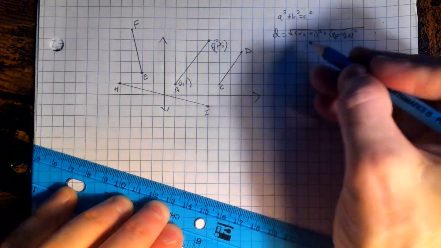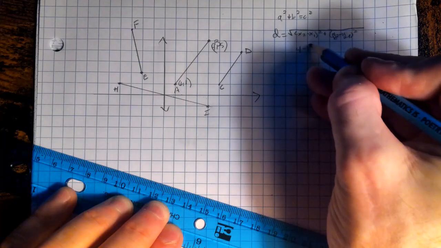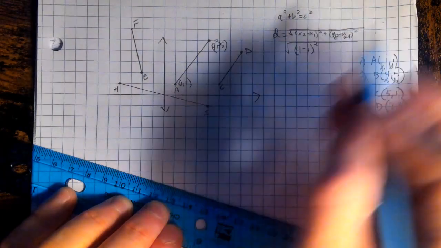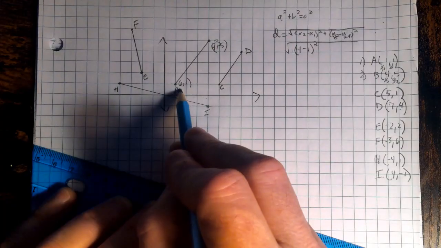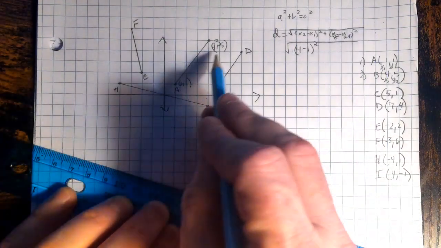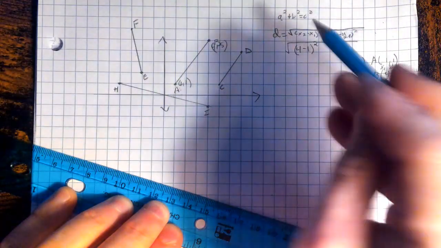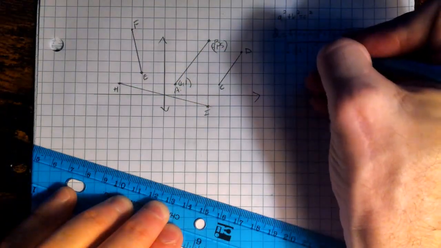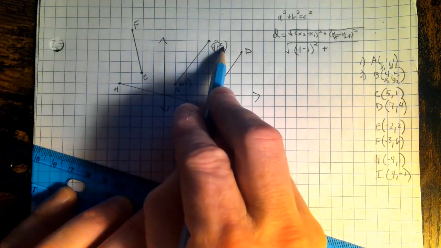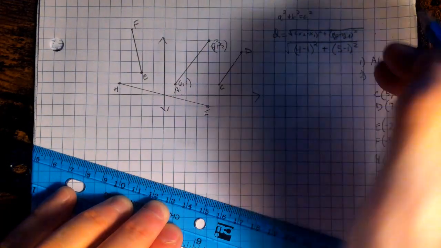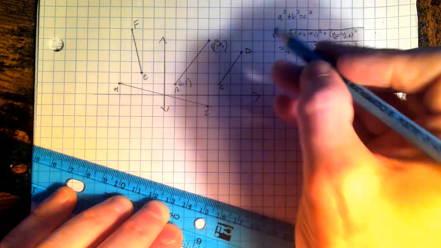So my ordered pair is 4 minus 1 squared, right? If this is x1, I should start with 1 minus 4. Oh no, I start with 4. So x2 minus x1 squared plus y2 minus y1 squared, 5 minus 1 squared, and that should give us the segment length.